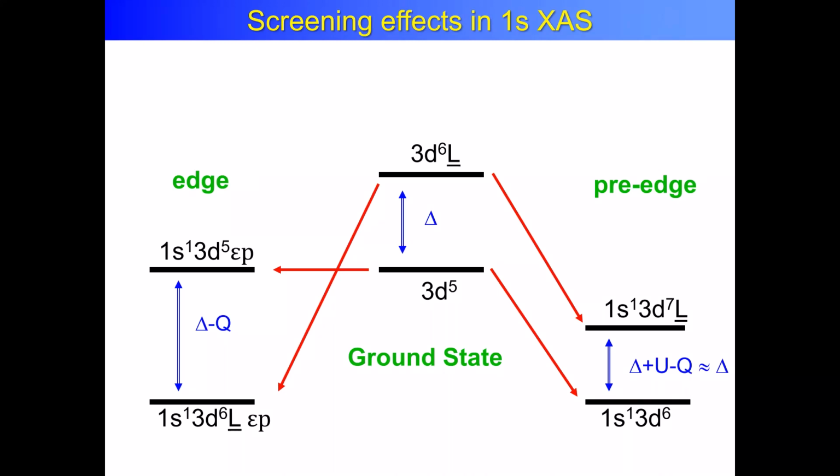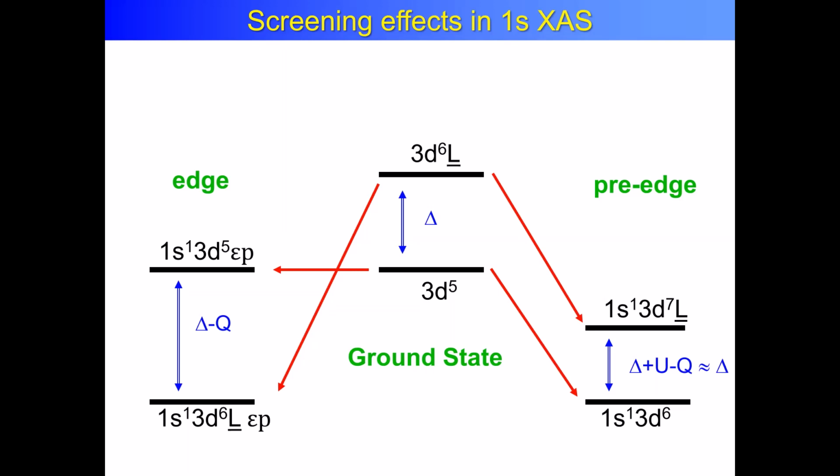The edge is completely different. So now you excite the 1s electron to epsilon p, which is a free electron of p character, which can be anywhere in the empty states. So this is the edge excitation. So you can see from this graph that pre-edge and edge analysis will be theoretically completely different.